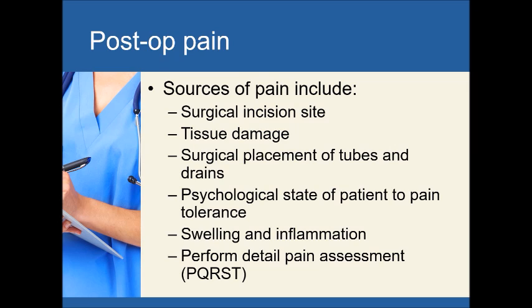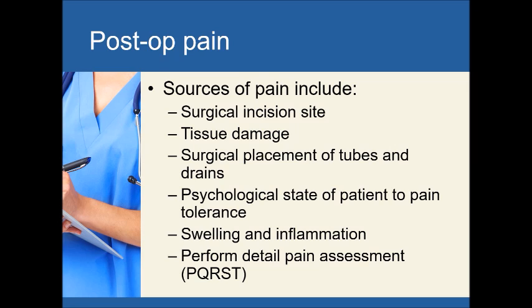The psychological state of the patient and their tolerance to pain is very important, because everybody has a different threshold for pain, and depending on their state of mind, they perceive pain in a different way, right? So if patients have a more positive outlook, or more positive thoughts, they tend to tolerate pain a little better than patients who do not have a good psychological state.